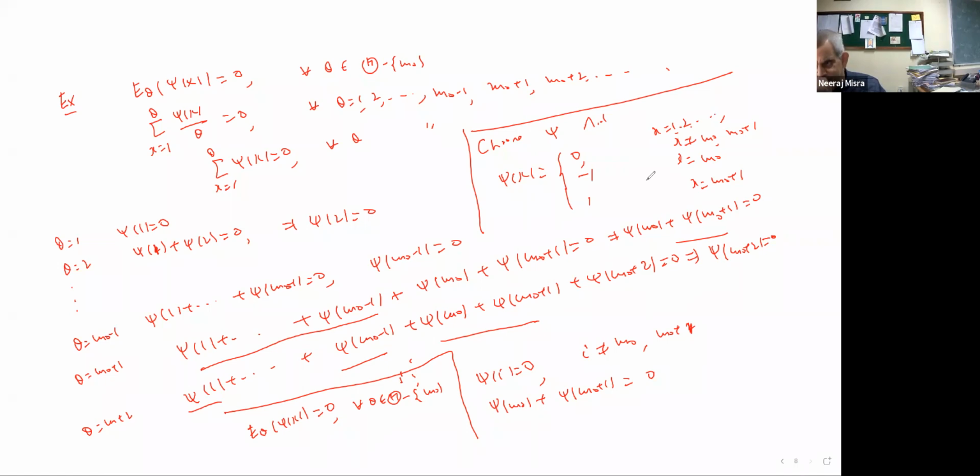And that will not be 0, because psi x can take value minus 1 and 1 if x is M naught and x is M naught plus 1. So if theta is greater than or equal to M naught and M naught plus 1, this probability would be 2 upon. So that's the crux of the solution.